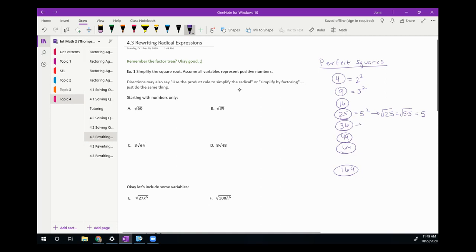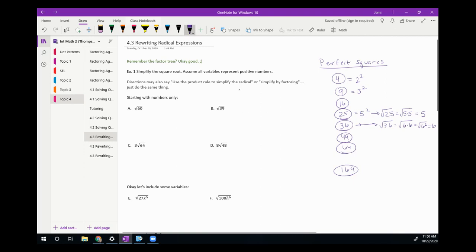Same thing here for 36, right? So the square root of 36 is equal to the square root of 6 times 6. I could even rewrite that as the square root of 6 squared and get 6. So I can think of it as a couple different ways.